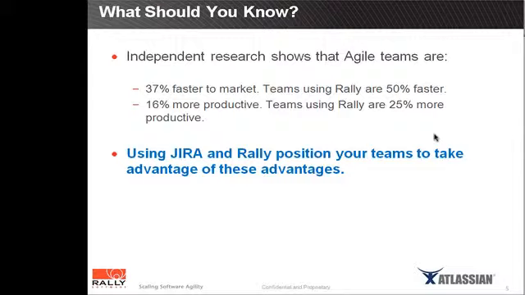Teams using Rally, which helps you be even more productive, are 50% faster to market and 25% more productive. Those are stats from an independent firm called QSMA. We have links from our website there. So if you want to use Rally, you can also use JIRA as well, and the Rally connector allows you to get some of these benefits using JIRA.